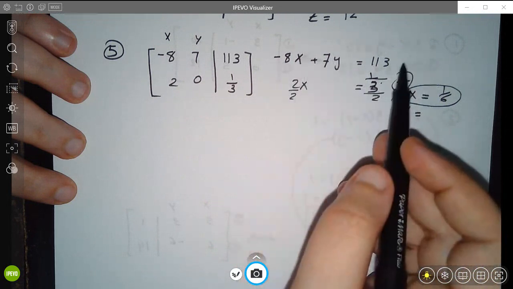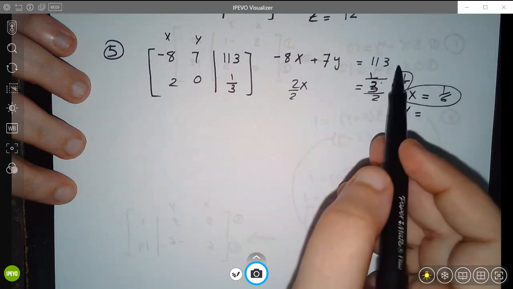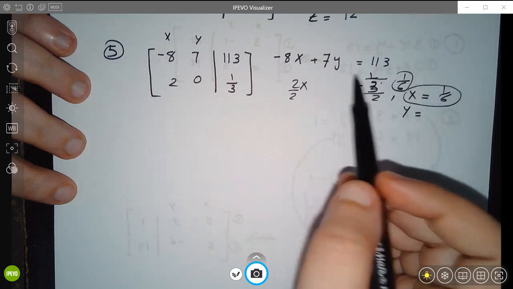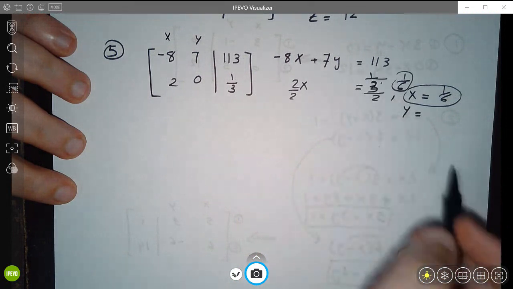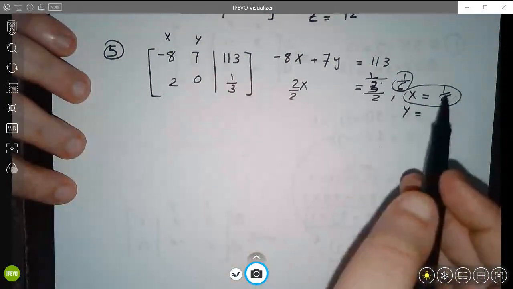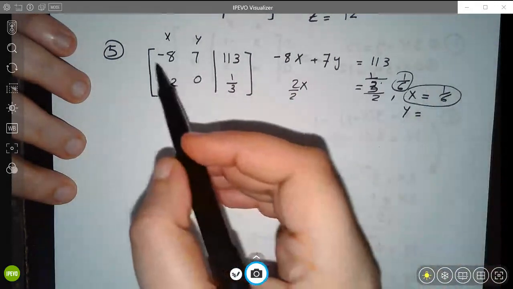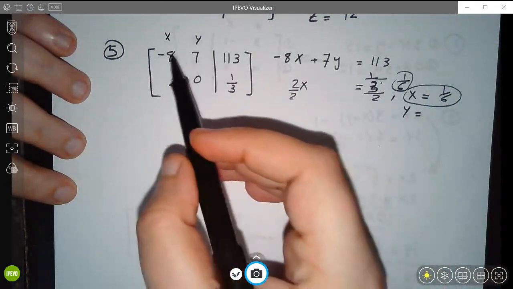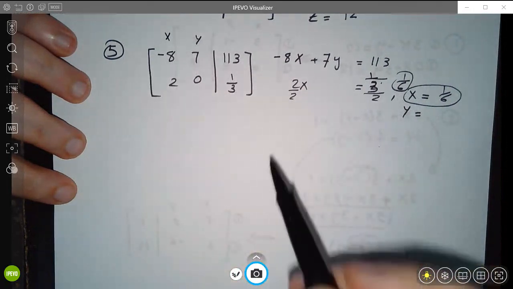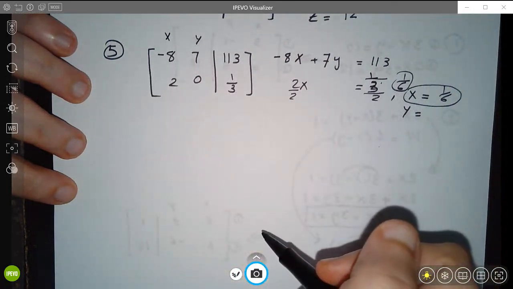Move that to the opposite side. It becomes positive 113 plus 4/3, which is 1 1/3, so 114 1/3. Divide the whole thing by 7, and that's your y value. Now, don't worry about solving it. I just wanted to show you how you translate a matrix back into equation form.